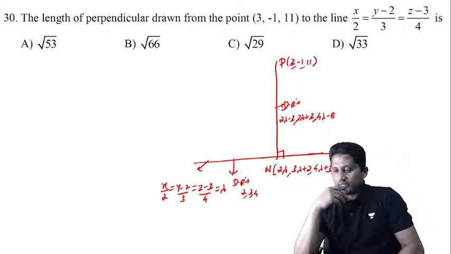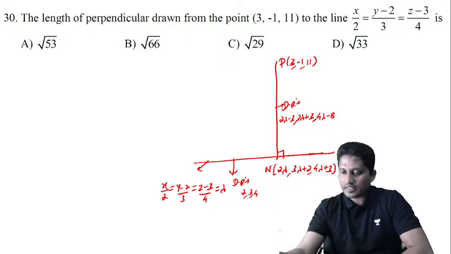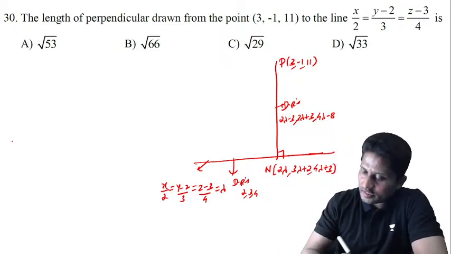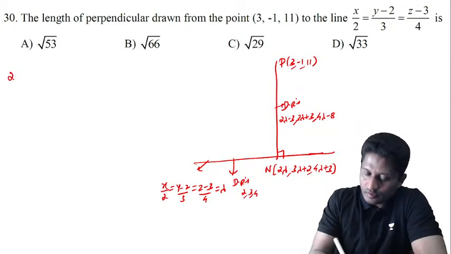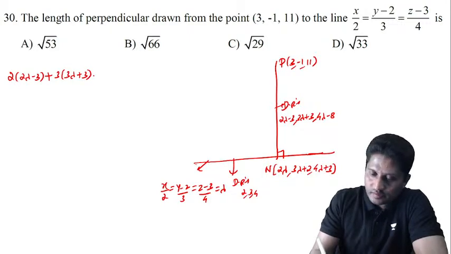3 minus 11 is minus 8 only, because 8 plus 3 is 11. That's right. If I multiply the drs now, you will get 2 into (2 lambda minus 3) plus 3 into (3 lambda plus 3) plus 4 into (4 lambda minus 8) is equal to 0.